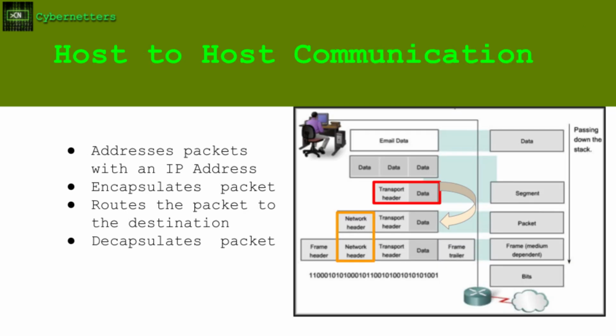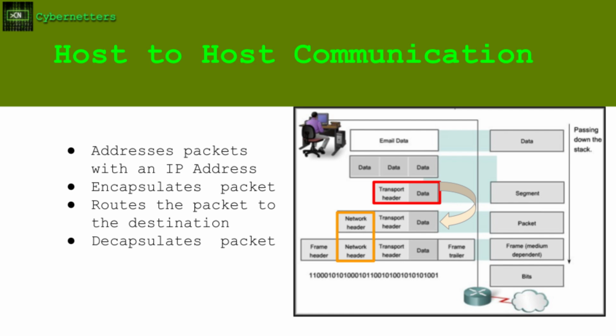So let's take a deeper dive into the responsibilities of the network layer and its role in packet delivery across networks. First of all, it addresses packets with an IP address. Each packet is assigned a source IP address, which is simply where it came from, and a destination IP address, which is where it is going.